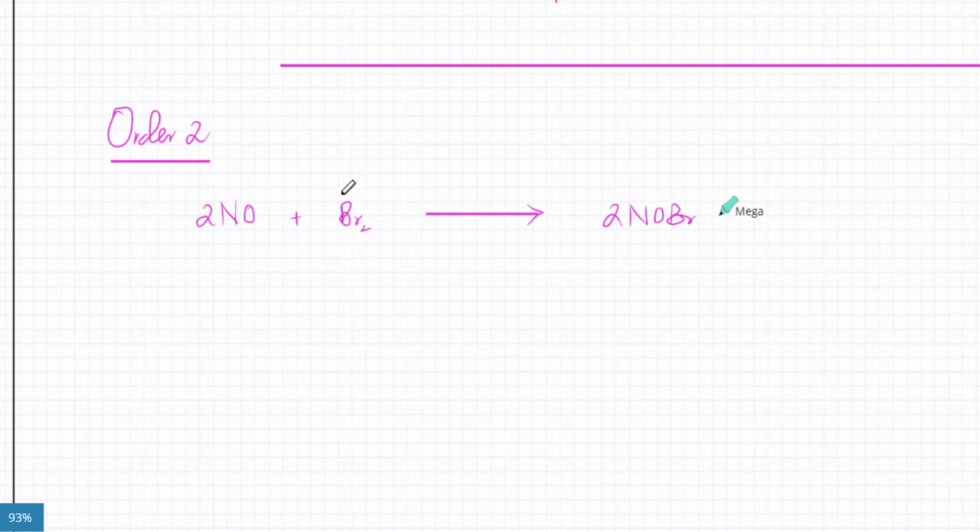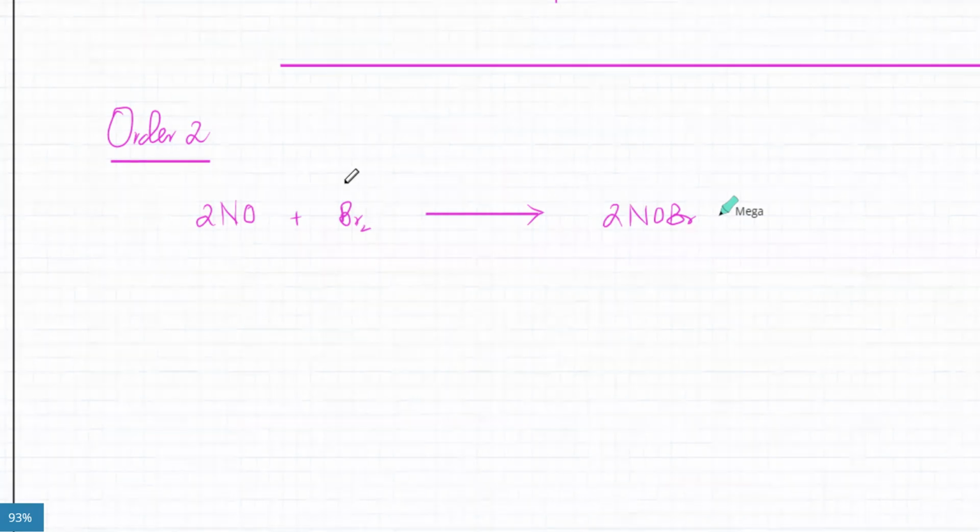If Br2 concentration is doubled and the rate remains unchanged, that's order 0. If the rate doubles, that's order 1. If the rate becomes 4 times, that's order 2. So figuring out order with respect to each reactant is kind of easy.